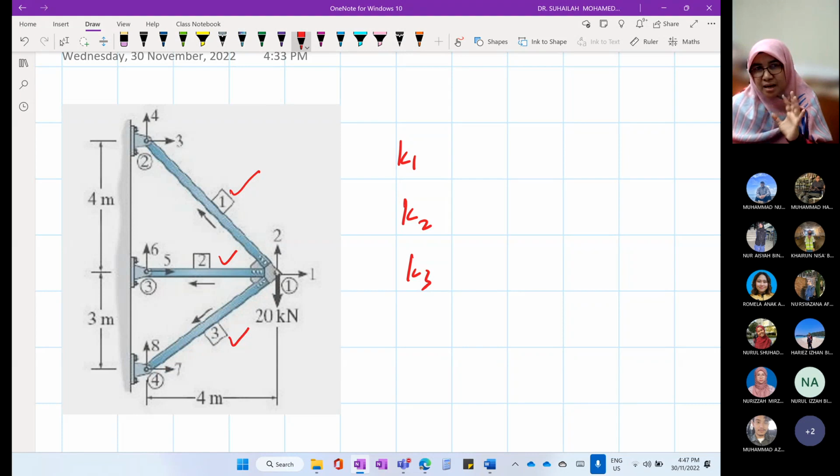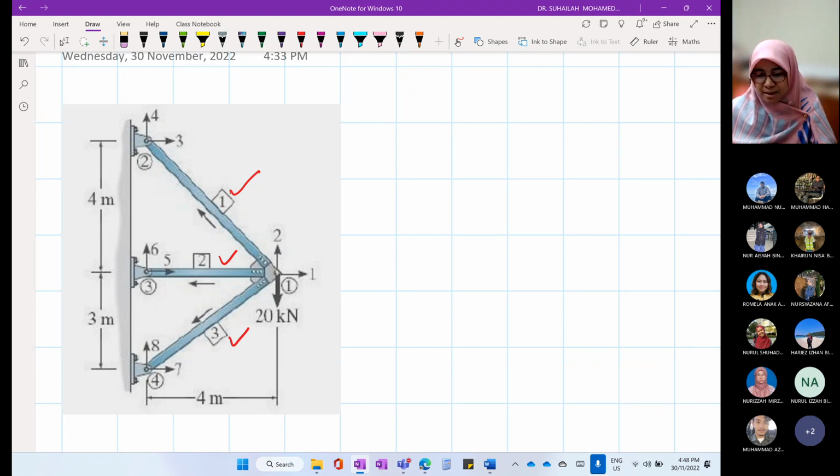So this is the basic. There are some advantages compared to flexibility method. In flexibility method we calculate reactions only, and we cannot get displacement.